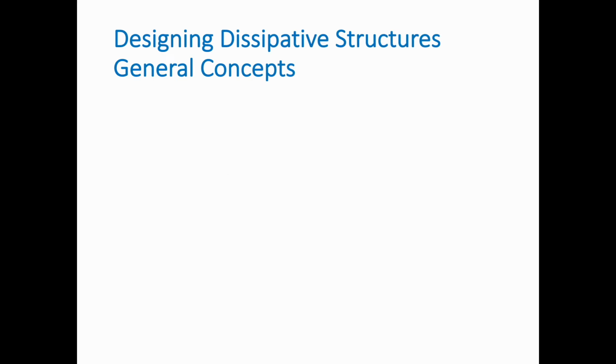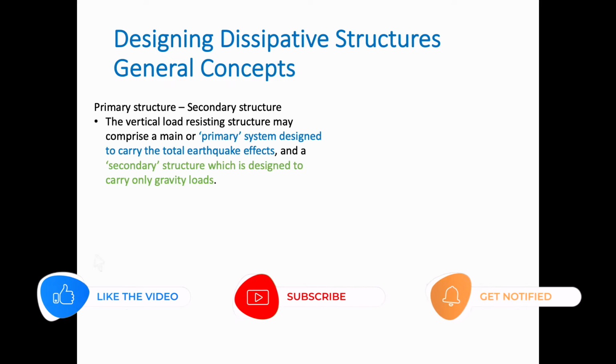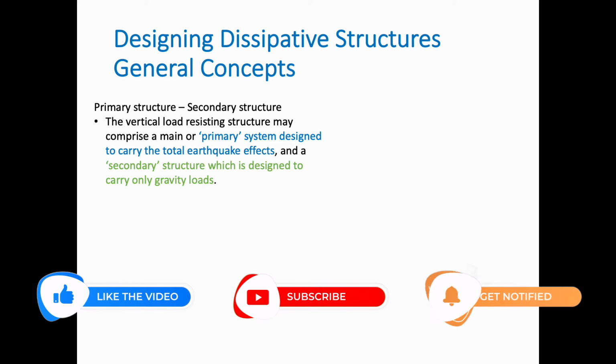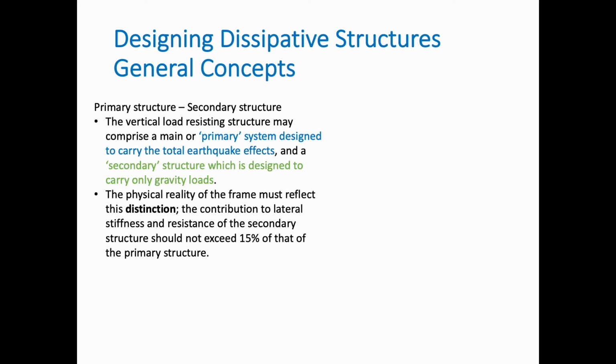A general concept when we design dissipative structures for seismic forces is to have a primary structure and a secondary structure. The vertical load resisting structure may comprise a main or primary system designed to carry the total earthquake effects, and a secondary one which is designed to carry only the gravity loads.